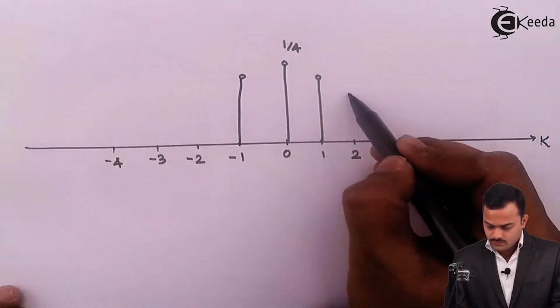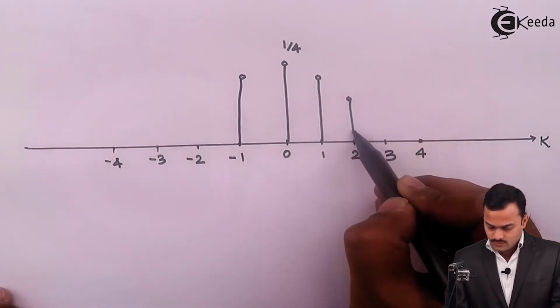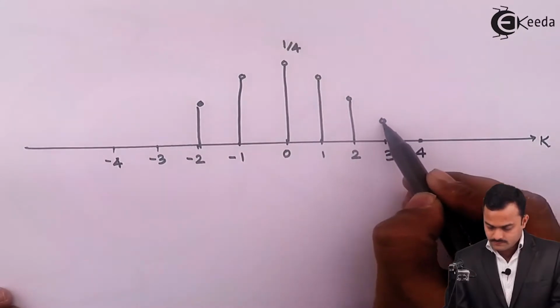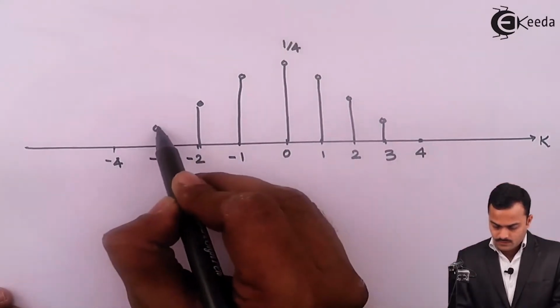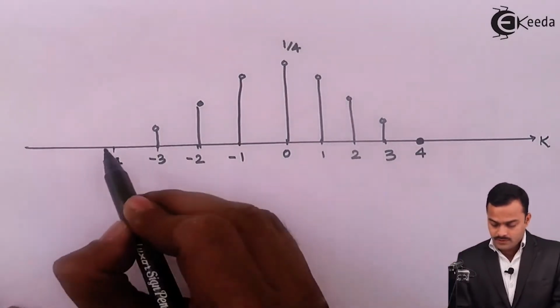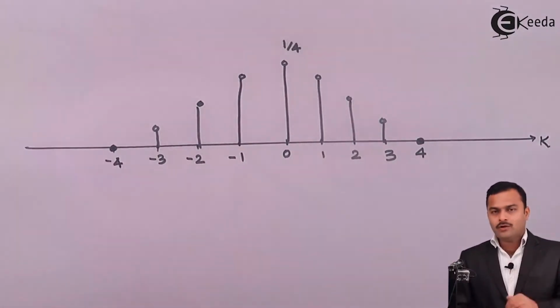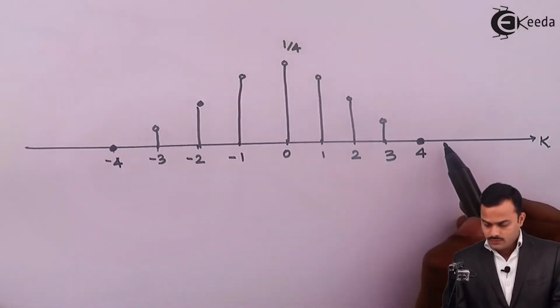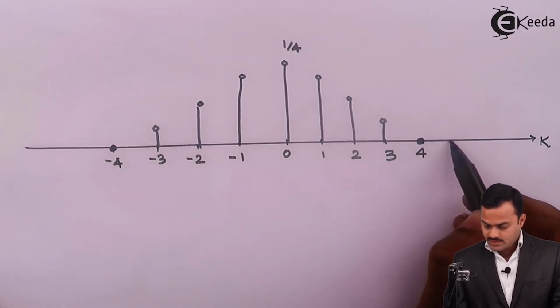Then k equal to 2, k equal to 3, and the most important part is k equal to 4, it will be 0. Beyond 4, you will come to know the values will be negative, meaning it will have the nature like this.